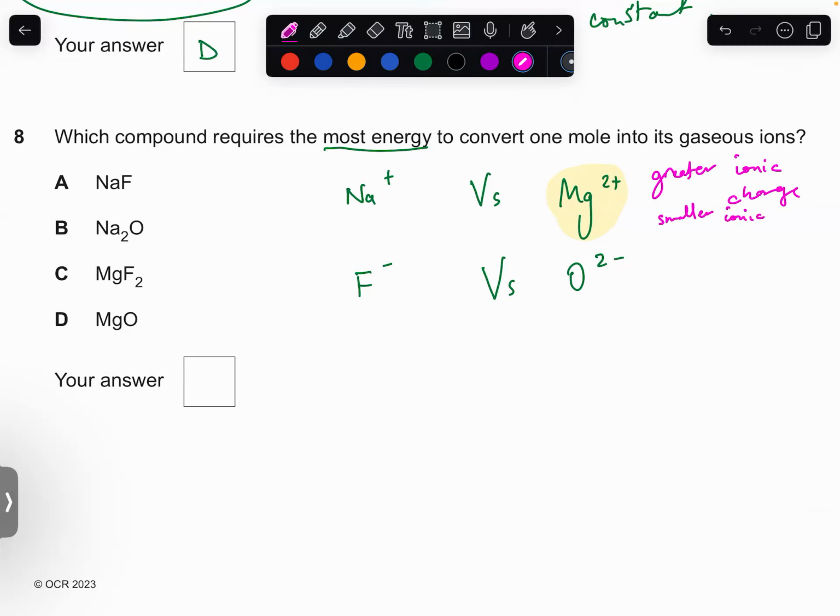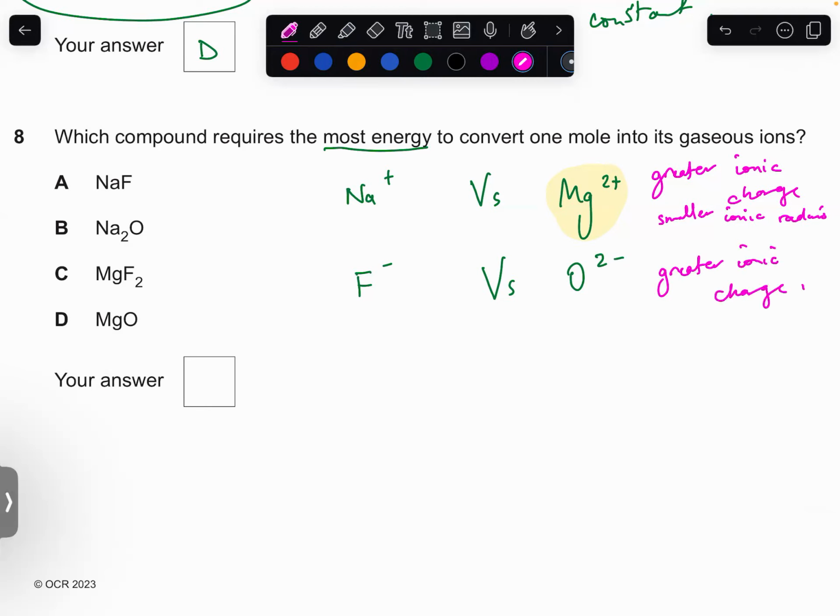Remember that the size of the ions decreases across the period. Smaller ionic radius. And for the oxide ion, you've got a greater ionic charge.